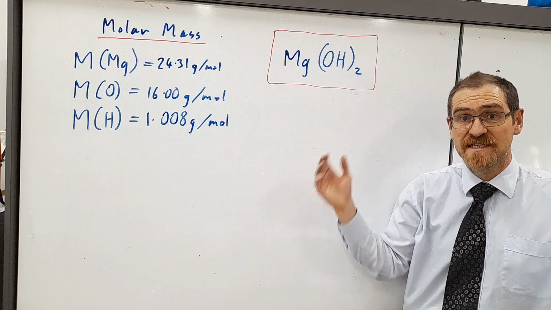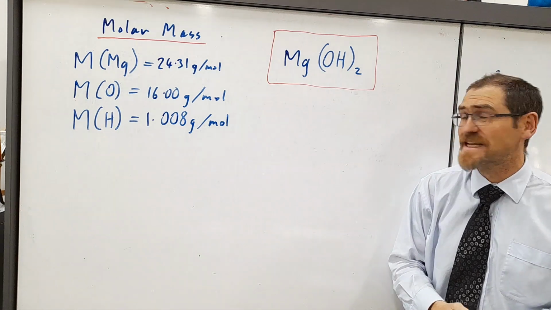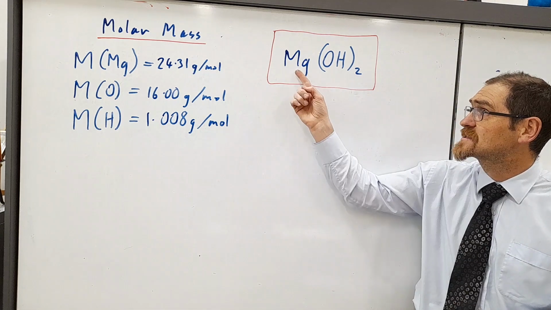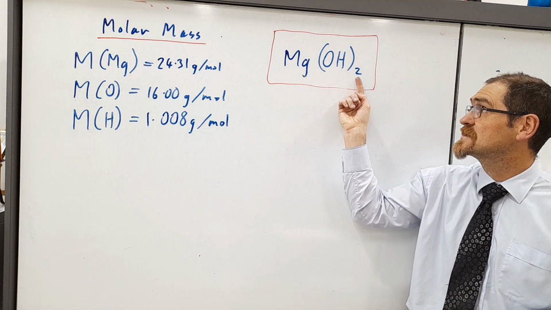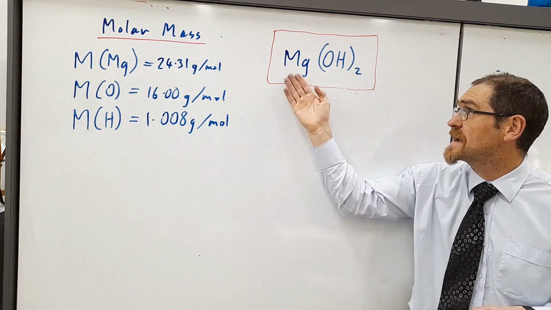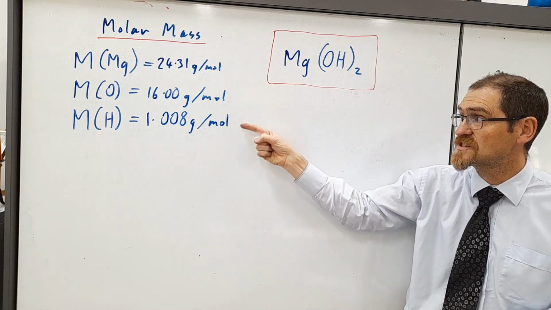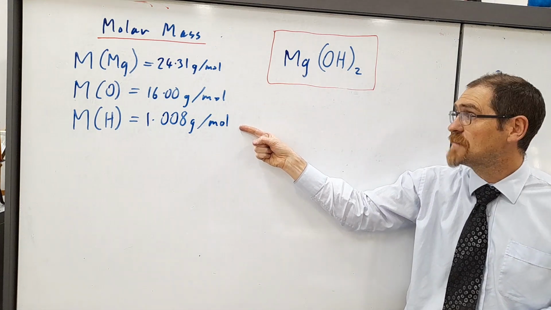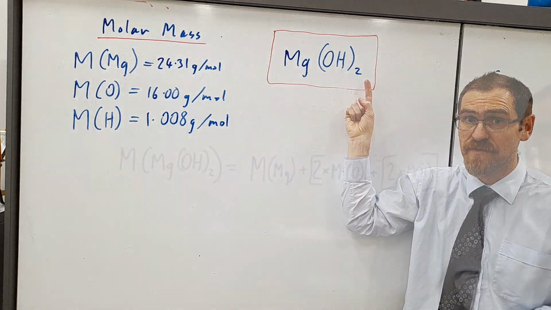Magnesium hydroxide is another compound. It's an ionic compound. The smallest unit of the magnesium hydroxide salt is going to be magnesium and then 2 hydroxide ions, 2 of these. If we want to know the molar mass of magnesium hydroxide, we go to our periodic table and we get the molar masses of each of the elements, and then we multiply them out to find the molar mass of magnesium hydroxide.